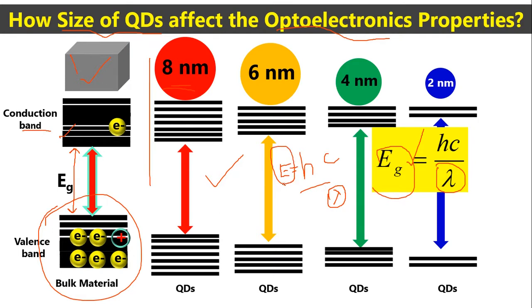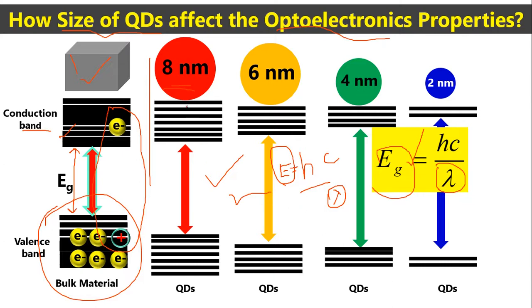And what the high energy photons basically do is generate multi-excitons. It means that with one photon, we can generate a few electron-hole pairs. An exciton is basically nothing but the combination of an electron and a hole. So with a high energy photon, we can generate multi-excitons.